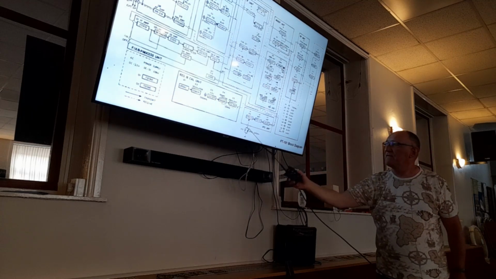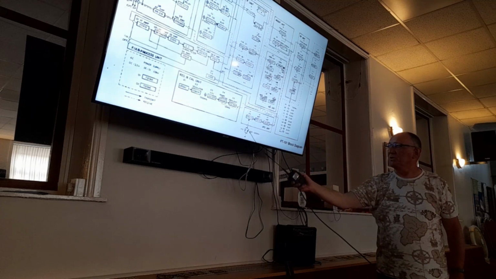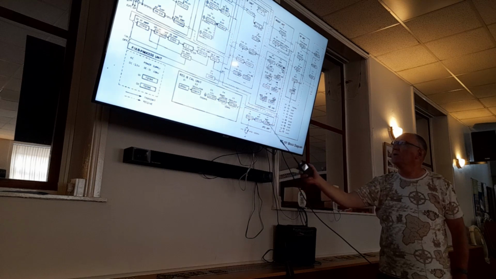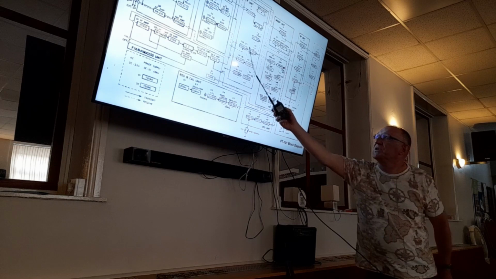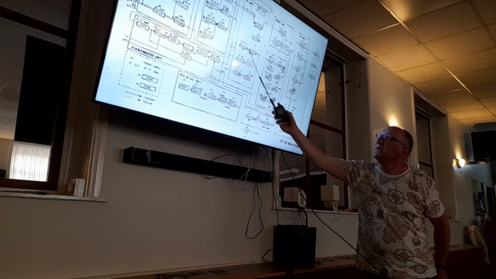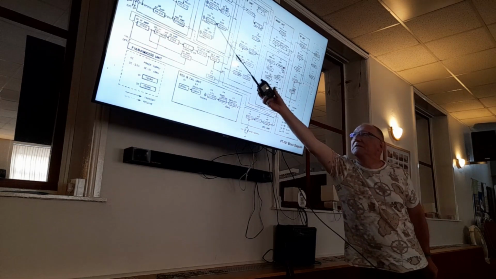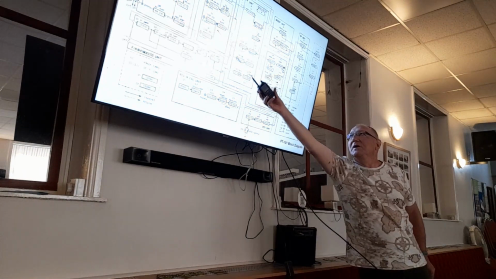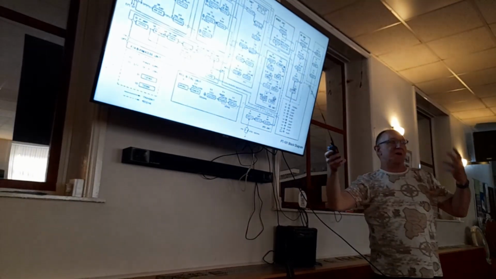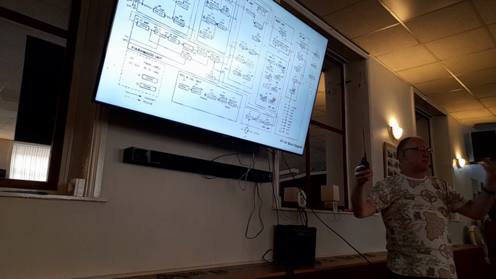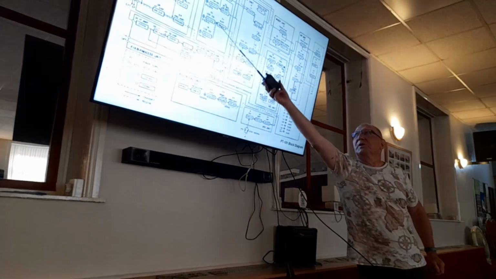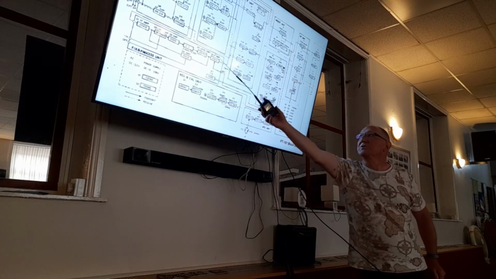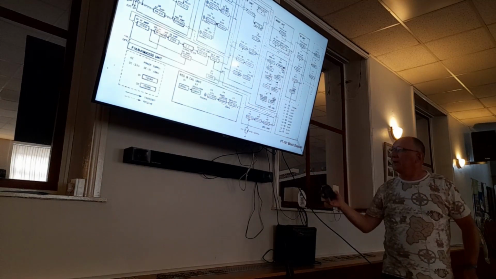We've also got a VFO down the bottom here, which is running on 87 to 92. That's being mixed with that to generate another IF here, and then that's being mixed with a set of crystal oscillators. On receive, they're being used as carrier insertion oscillators on the same frequency to get the audio back, and on transmit, they're being used to actually generate the SSB, which is then going to go back through the chain the other way.